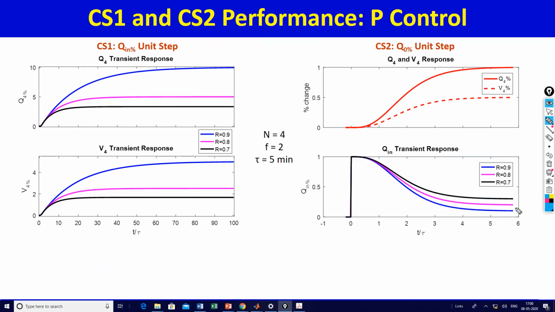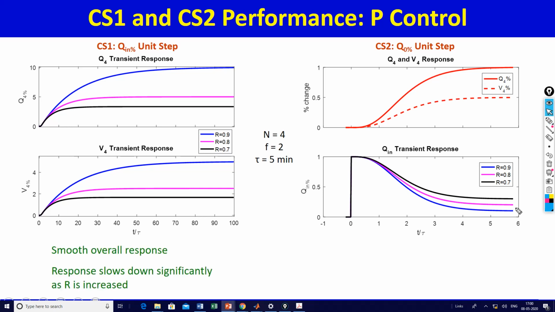And so with P control, the conclusion is, when you're using CS1, the response is smooth. However, the response slows down significantly as R is increased. If you use CS2, overall response is smooth, it is fast, and there is no dependence of the speed of response on R, and that can be verified.